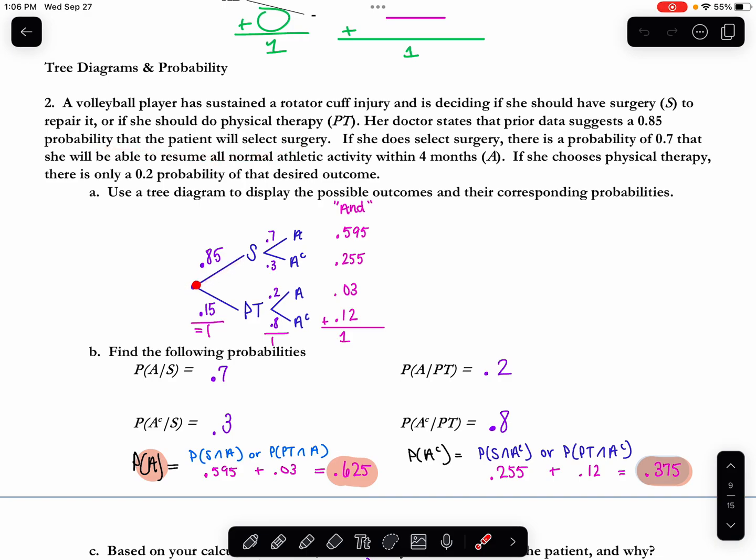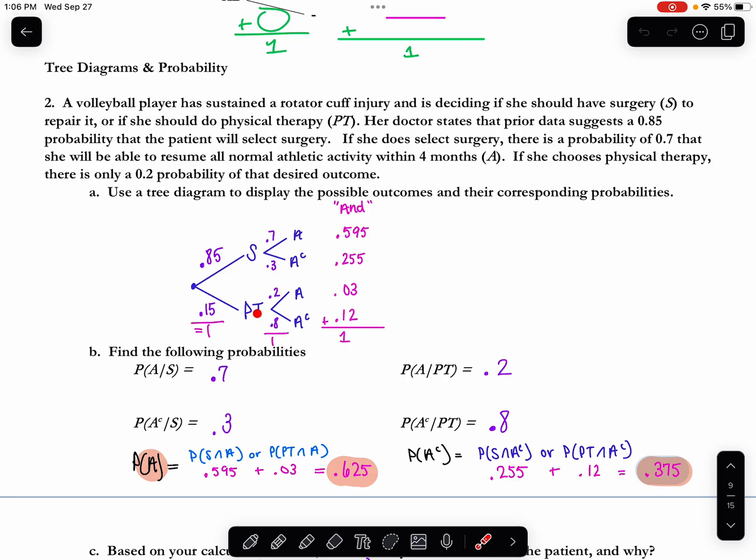So if these need to add to 1, 1 minus 0.85 is 0.15. These are the only 2 options, so these should add to 1.